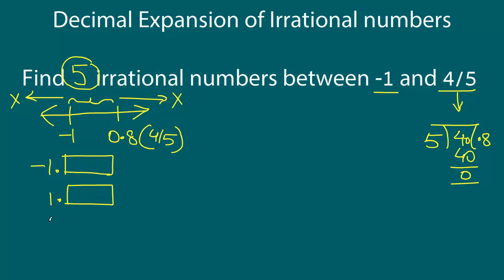We also cannot write 0.8 something, because that will be greater than 0.8. So what can we write? We know that after minus 1, there'll be 0 somewhere over here, so we can simply write 0 point something.